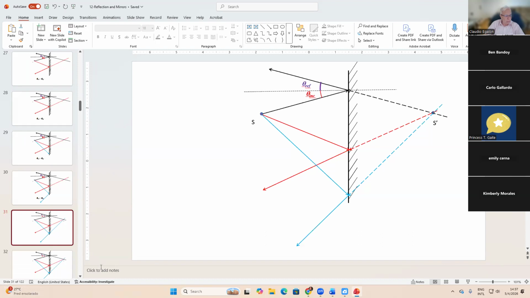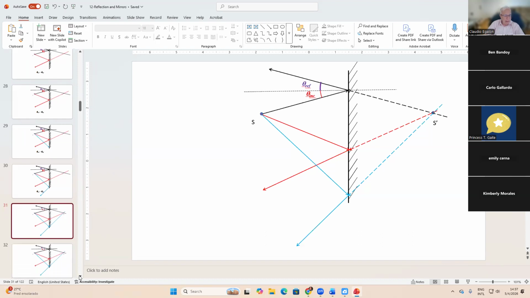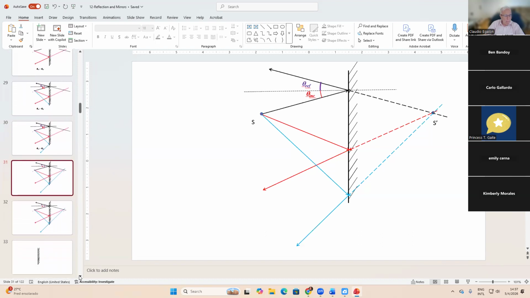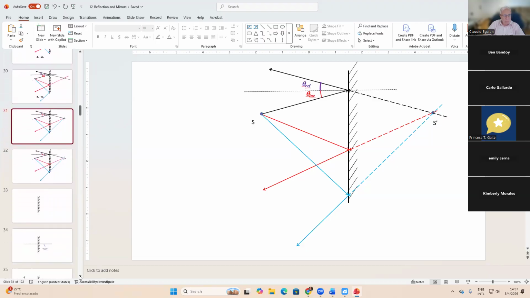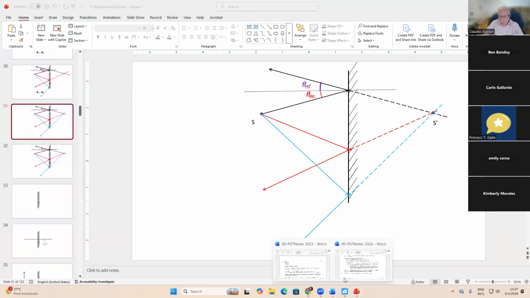That's a very simple geometrical technique that works very well. Let's write that down.